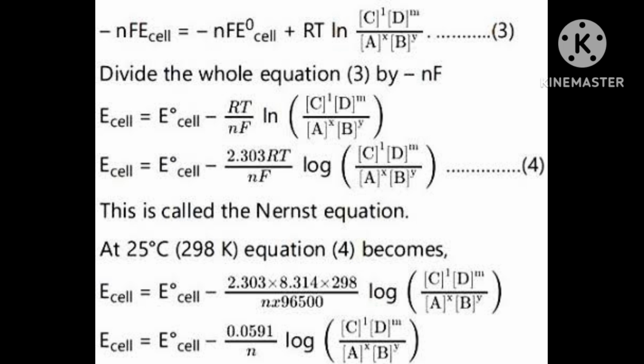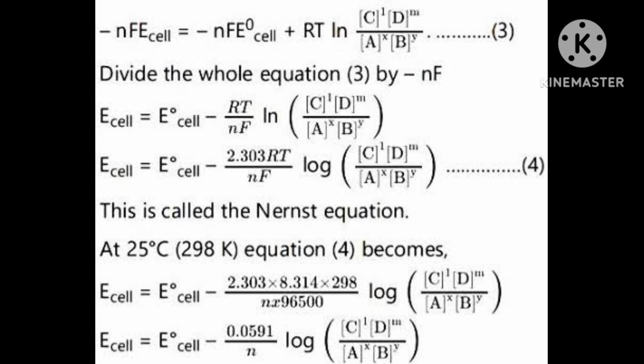Actually the standard Ecell value is already given as 3.17, and after solving the second term, 0.059 divided by 2 times log of 0.130 divided by 0.0001 power 2, the value will come 0.21. Then 3.17 minus 0.21 V, you will get finally 2.96 volt.